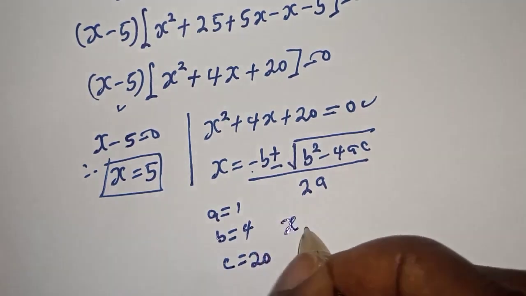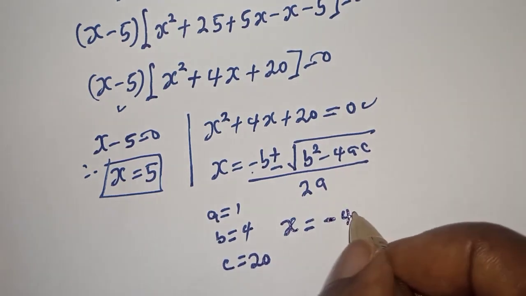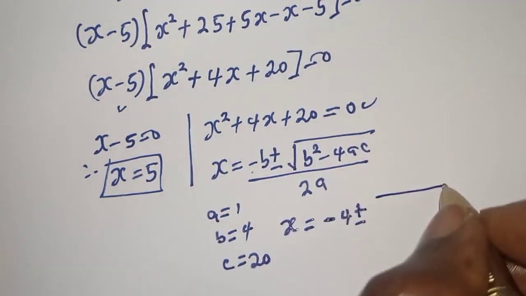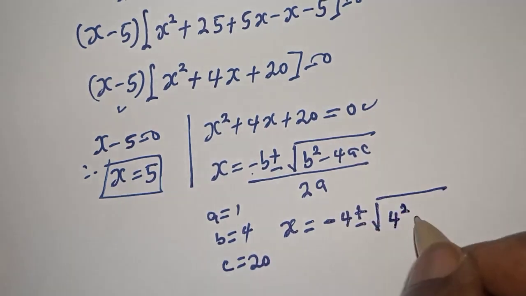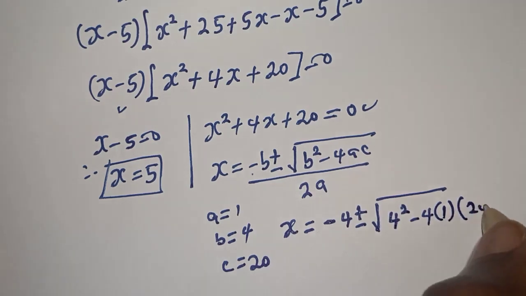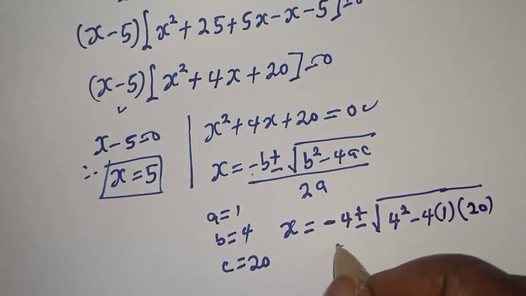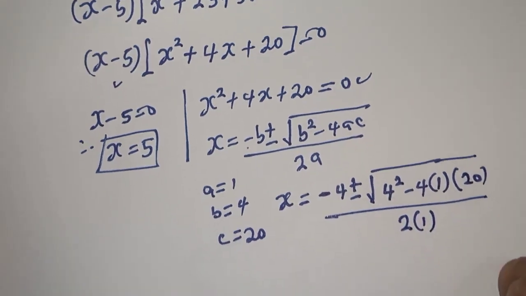Then s is equal to minus 4 plus or minus square root of 4 squared minus 4 multiplied by a is 1, multiplied by c is 20, over 2 multiplied by 1.